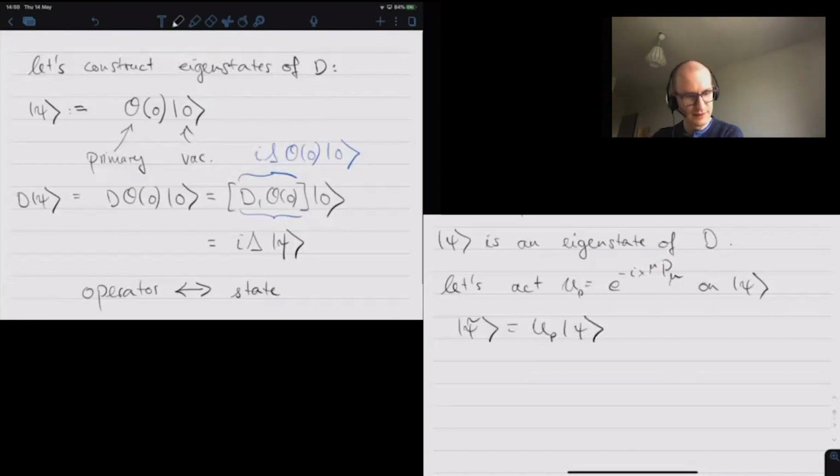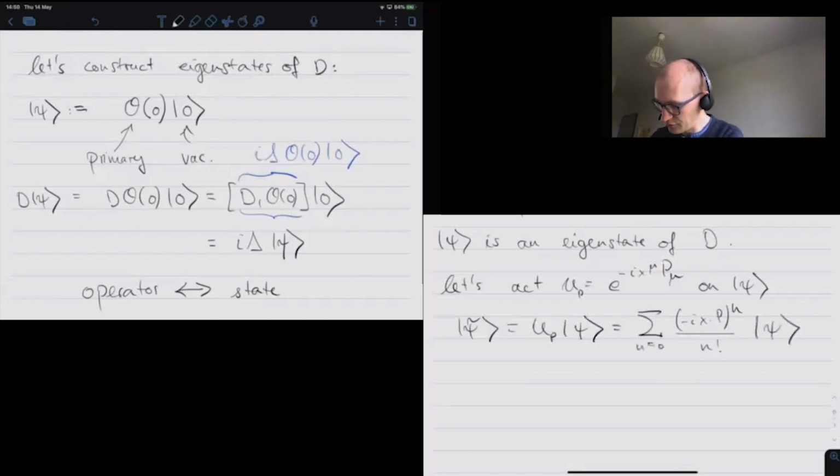And then that's of course equal to, just expanding this exponential, the sum over n from 0 to infinity of (I x dot P) to the power n divided by n factorial, on psi.